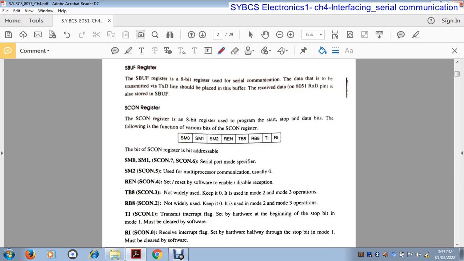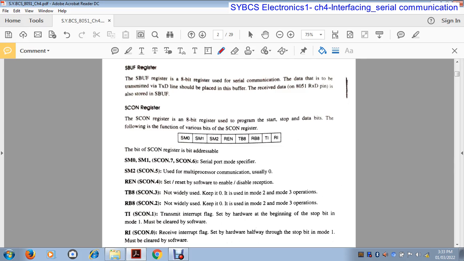Then the SCON register. SCON stands for serial communication register. The SCON register is an 8-bit register which is used to program the start, stop and data bits. This register controls the function of serial communication.